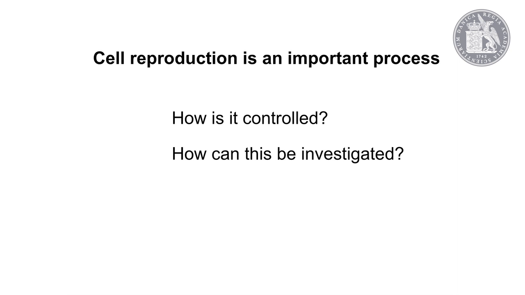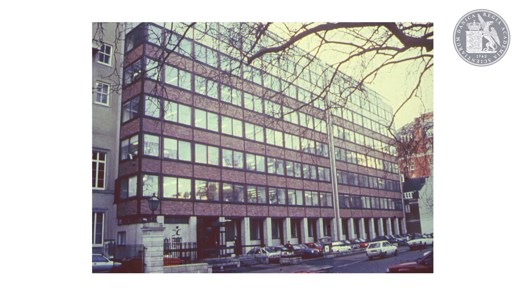And these are the processes that I want to talk about today. How is cell reproduction controlled? How is it you can investigate a process such as this? And this work that I'm going to talk about has actually gone on since the 1970s, so some of it's quite old, and much of it was done in this institute here, where I'm still working.